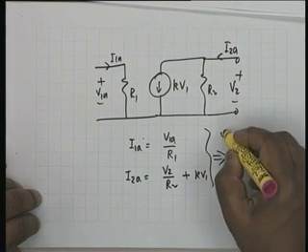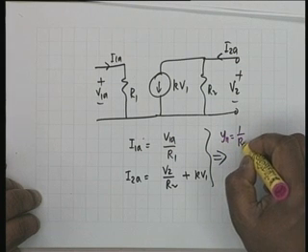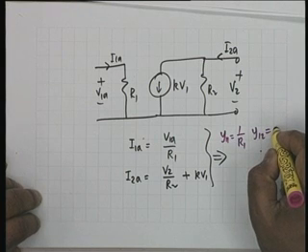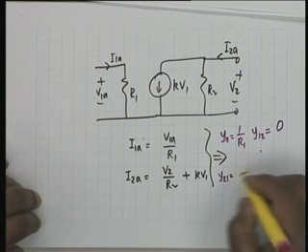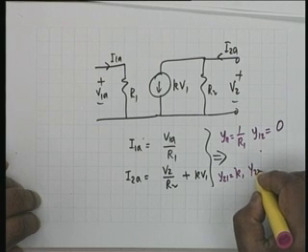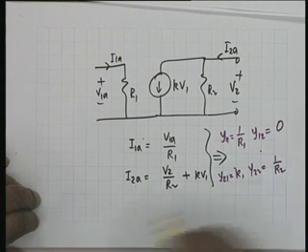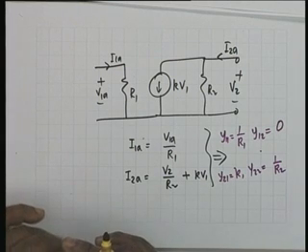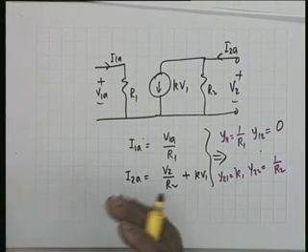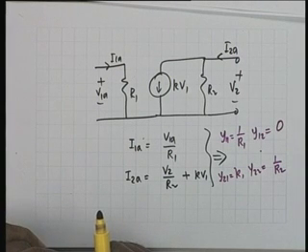What is Y11? 1 by R1, Y12 is 0, Y21 is K, and Y22 equals 1 by R2. And because both of them are 3 terminal, you can simply add the Y parameters.